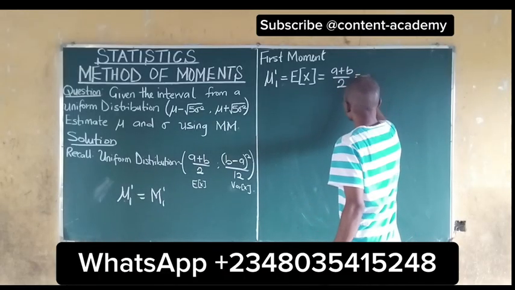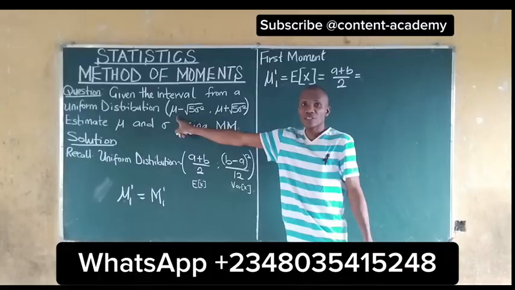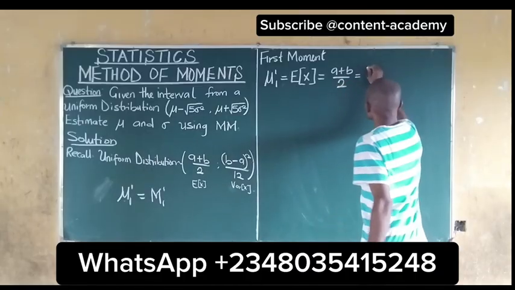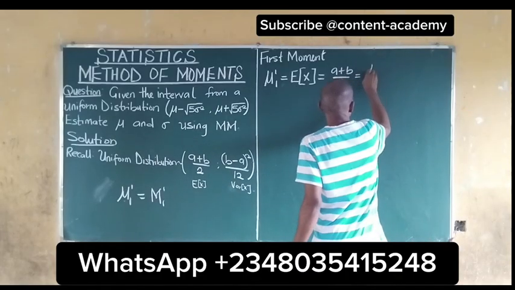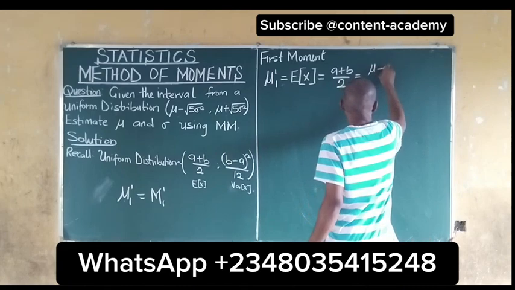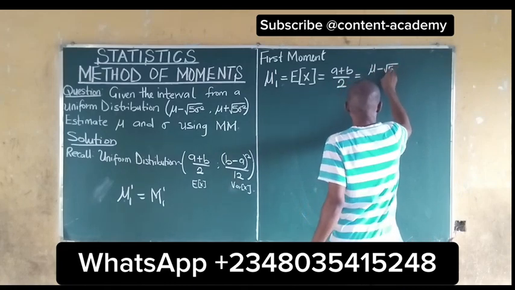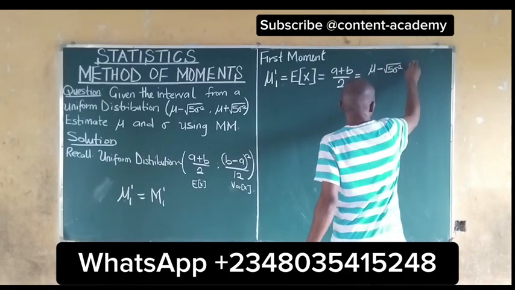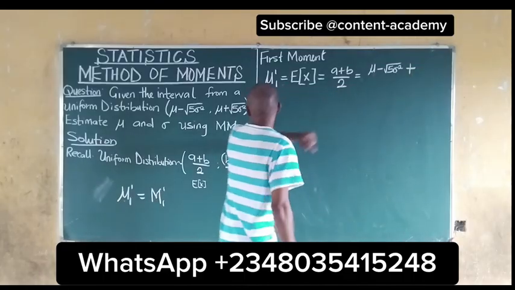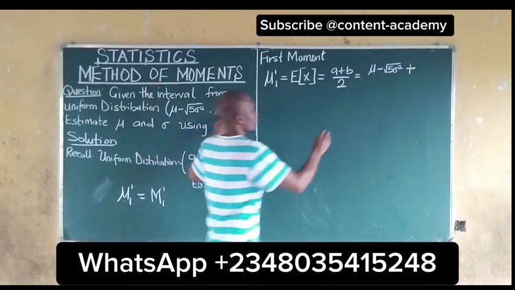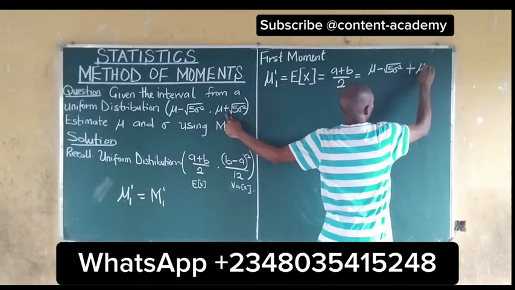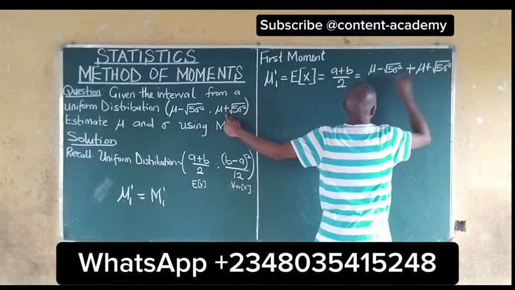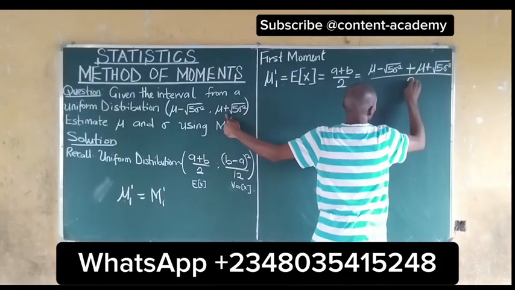Also, it is the same thing as, what is our a? This is the interval a, and this is b. So we have a to be mu minus square root of 5 sigma squared, plus b. Our b is mu plus square root of 5 sigma squared, all over 2.